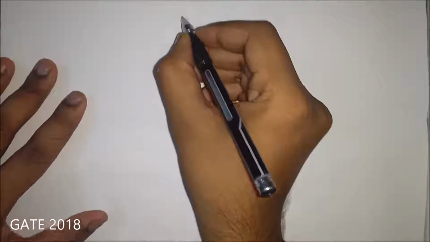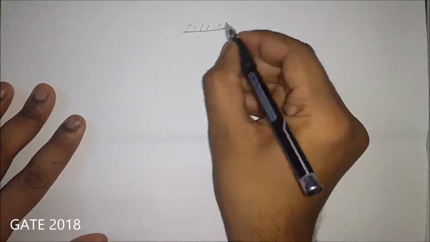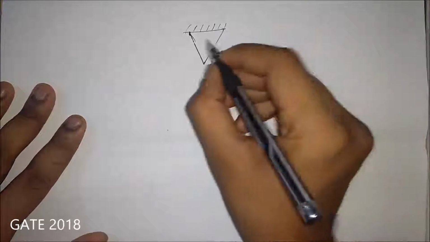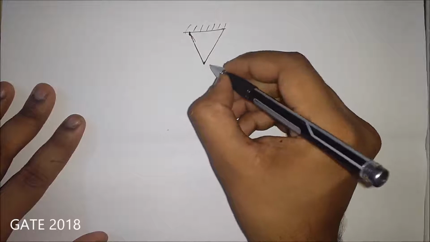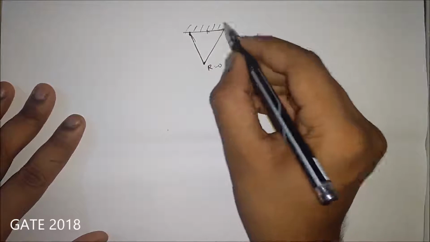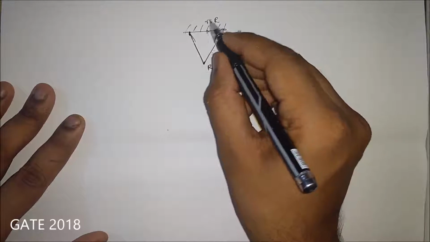Alright guys, so we will solve it now. The first step is to make a proper diagram. This will be the shape of it, right? Here it's a point, so the radius in this case is 0. Here they have already given the radius as r.